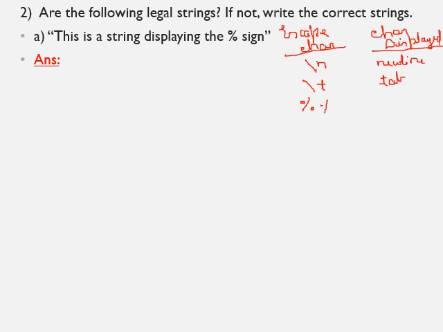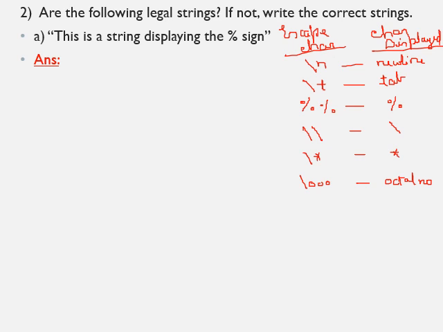Two percentage symbols, the character displayed is a percentage symbol. Double backslash, the character displayed is a backslash. Backslash asterisk, the character displayed is an asterisk. And backslash OOO, some valid octal number, that octal value will be displayed.